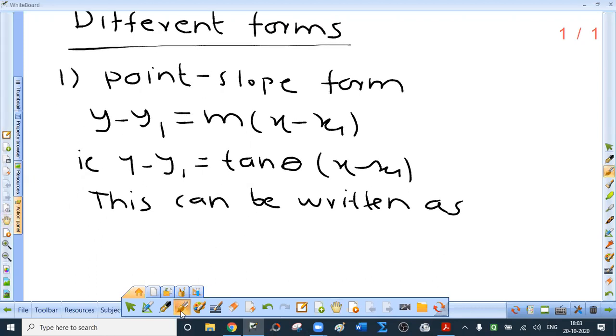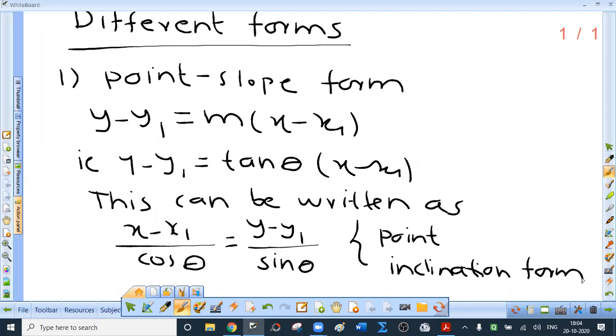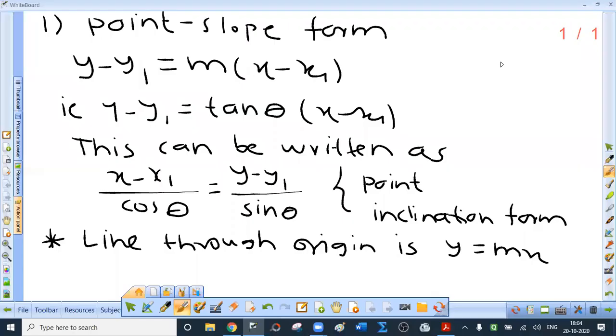This can be written as x minus x1 upon cos theta equal to y minus y1 upon sin theta. If line passes through origin, then x1 y1 will be 0. So y minus 0 equal to m x minus 0. That is y equal to mx.